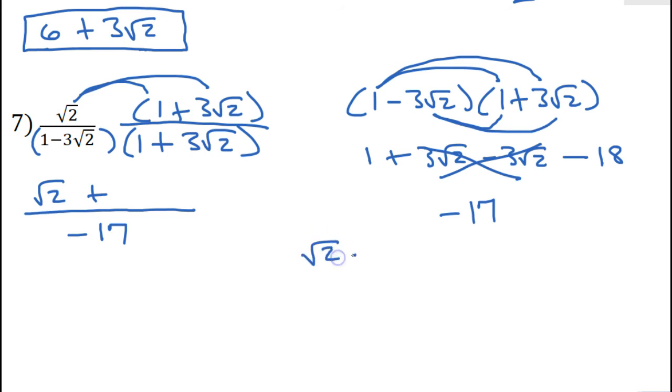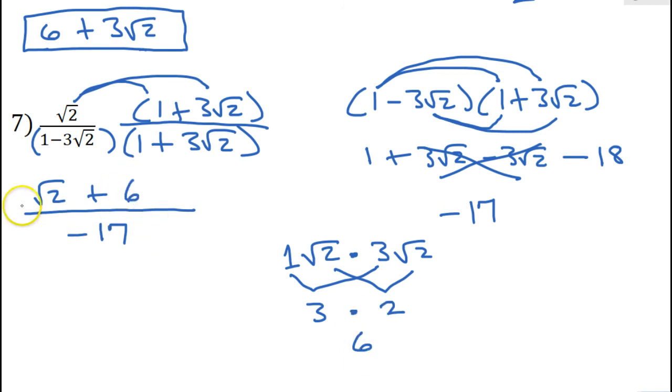This is like having 1 radical 2 times 3 radical 2. So I've got 1 times 3 is just going to stay 3. Then I've got radical 2 times radical 2 is regular 2. And then I've got 3 times 2, which is 6. So I'm going to have 6 right here.